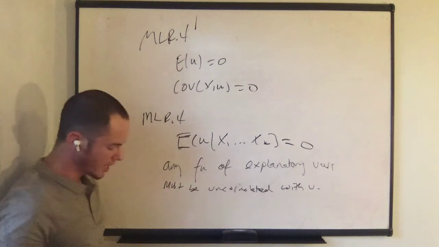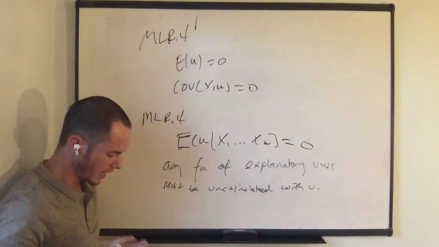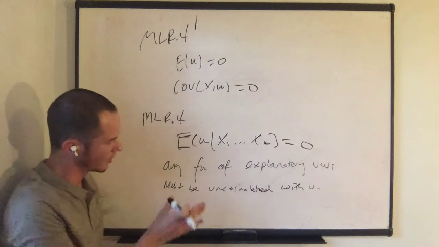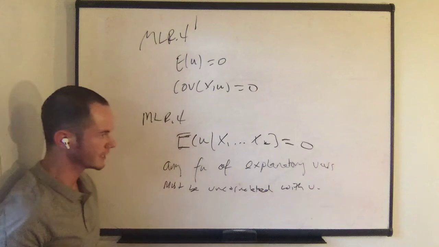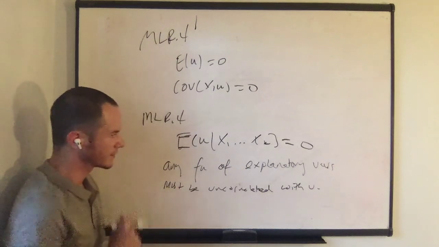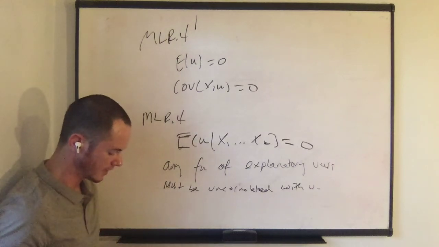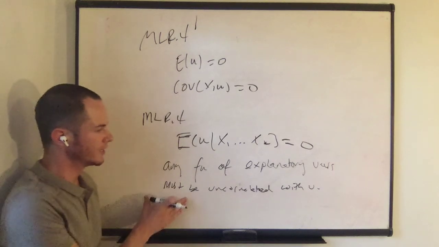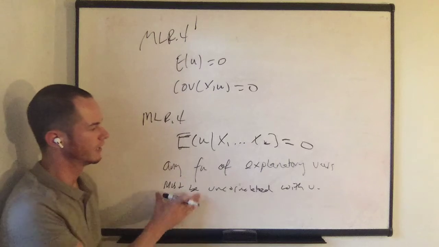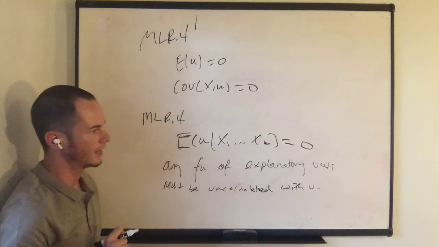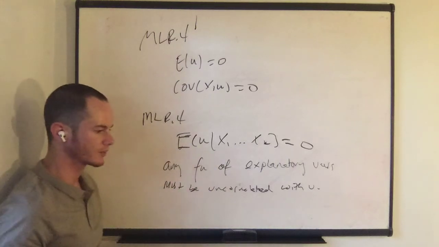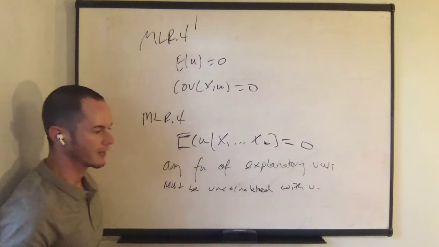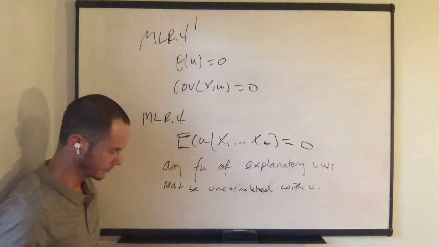So when we assume zero conditional mean, the reason that we like to assume it is that we get the population regression function correct. If we make this assumption, then together with our other assumptions, we're assuming that the linear model that we specified is the right model.